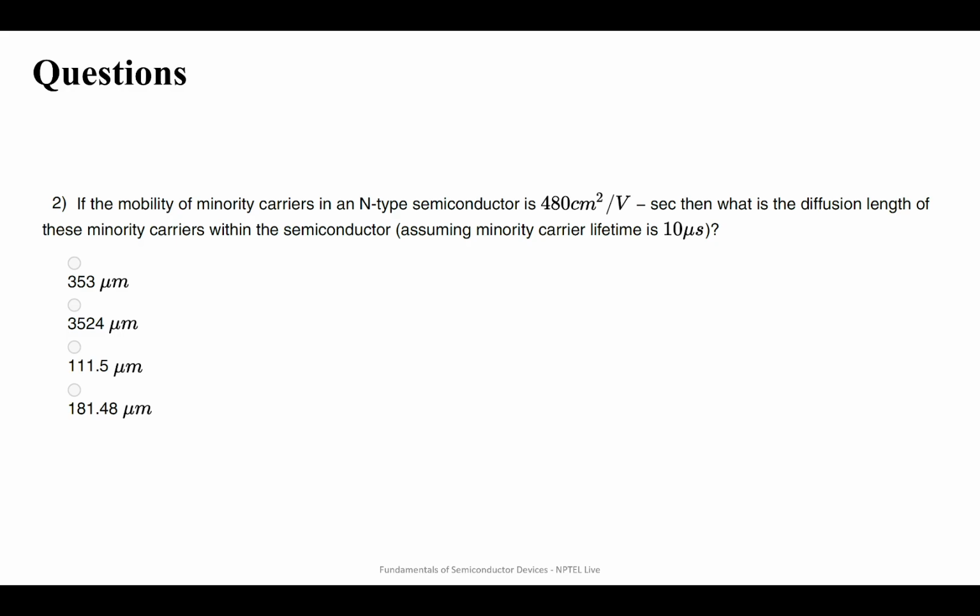So from mobility you will have to calculate the diffusion constant, and from diffusion constant and the minority carrier lifetime you have to calculate the diffusion length.